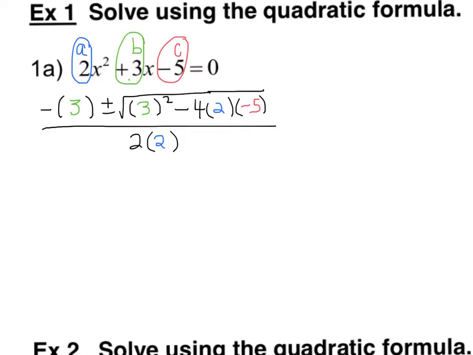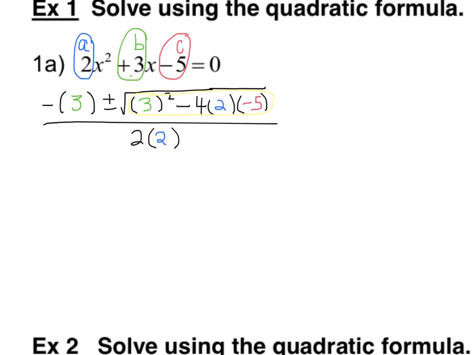So this might look like a lot for you to solve, but I'll help you through it. What we're going to do first is solve everything underneath the square root first. So everything I just circled in yellow, that's our first job. And the rest of it we can simplify along the way as well.